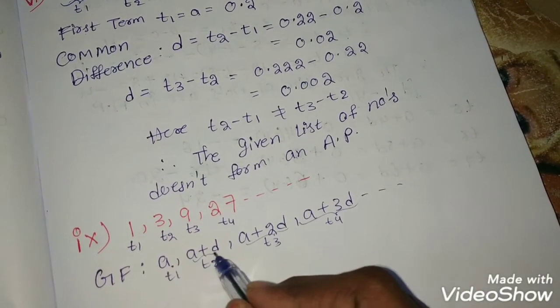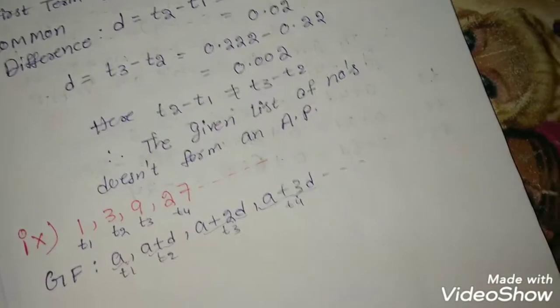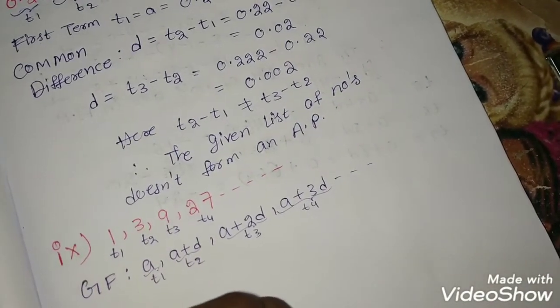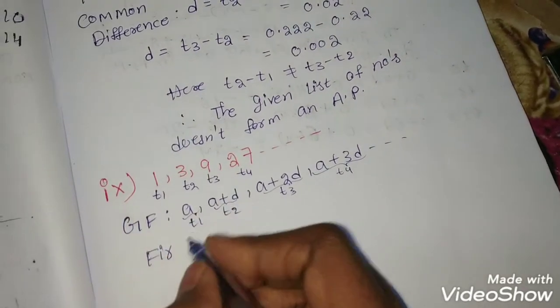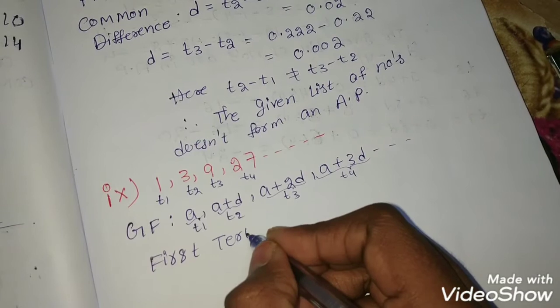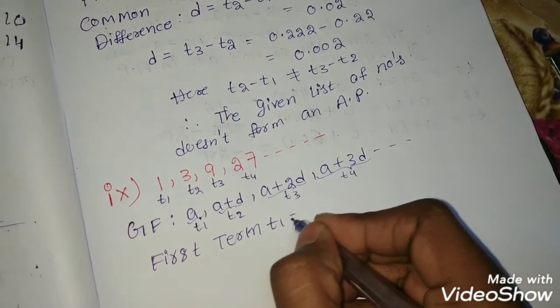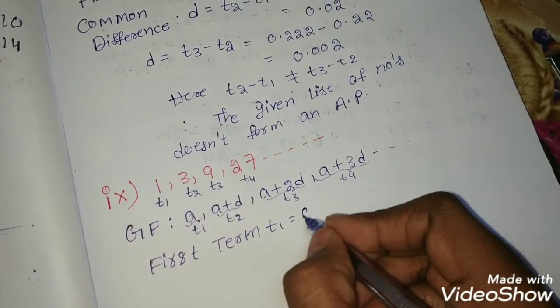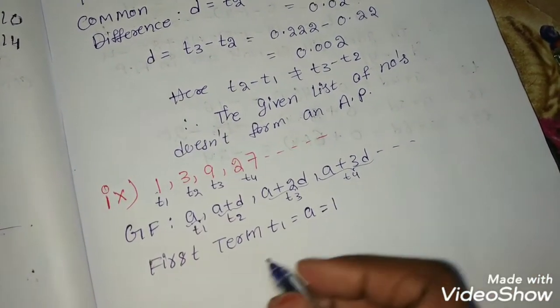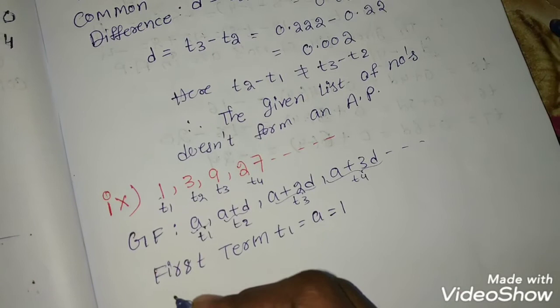It's very easy and simple, guys. Okay, let's take what is the first term here. T1 is equal to A. A is equal to, what is in the question? 1.